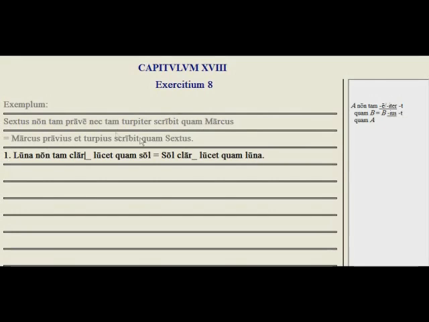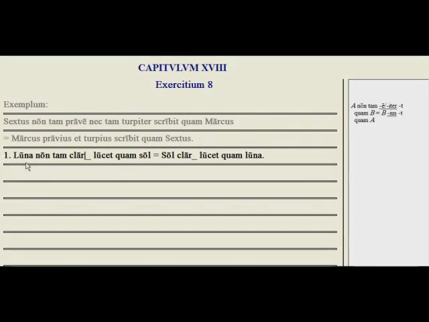And here we have Marcus writes more ugly, or more incorrectly, and more ugly than Sextus. So the adverbial form, when you have a comparative adverb, like here, ends in ius. So more ugly, when you're doing an action, is ius.